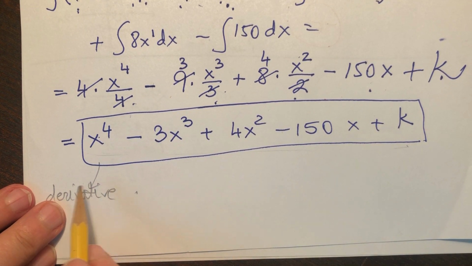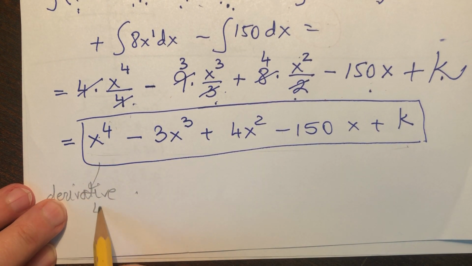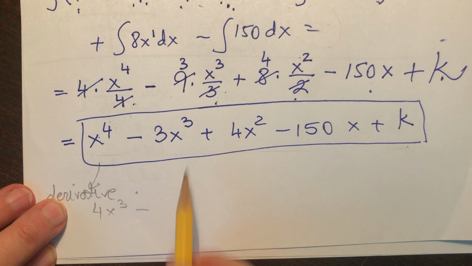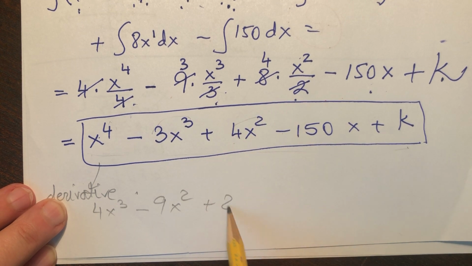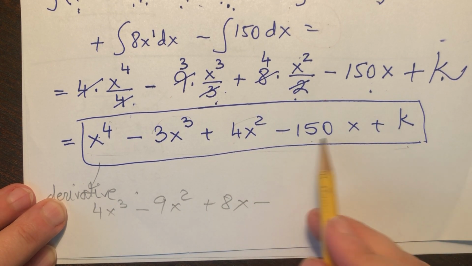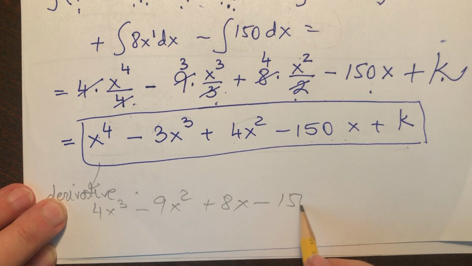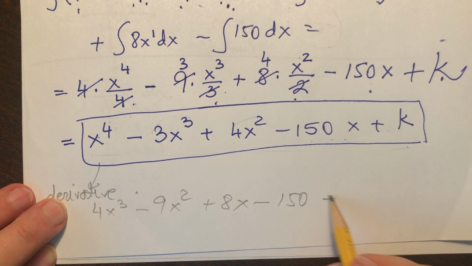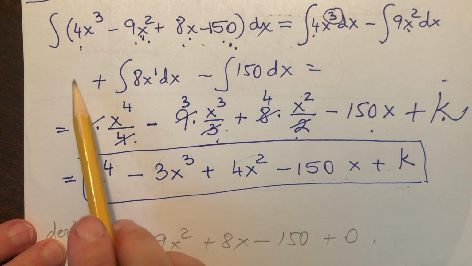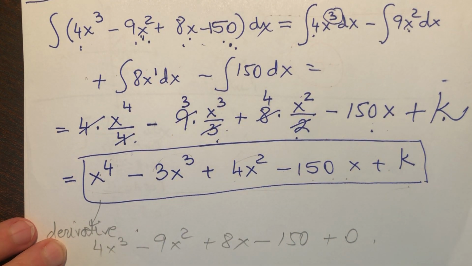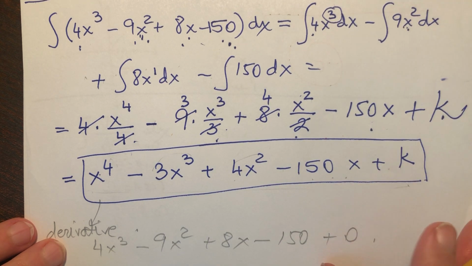I'm not even going to rewrite it. 4x cubed, yes, minus 3 times this 3 is a 9x squared, plus 4 times 2 is 8x, minus the derivative of 150x is 150, and the derivative of a constant goes to 0, right? So is this the problem that we had to begin with? Yes. Okay, so as you see, we definitely did a good job on this.